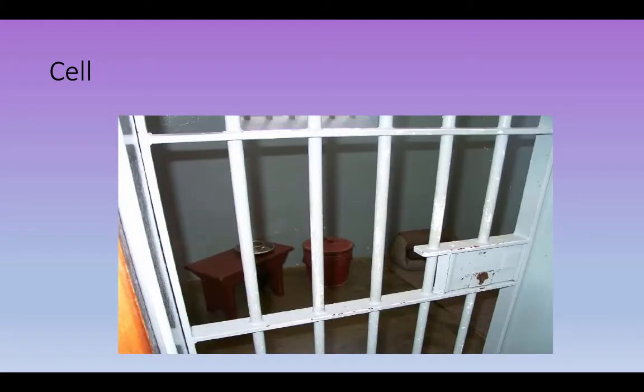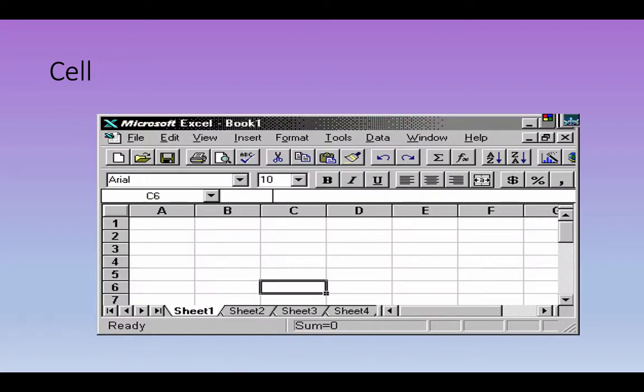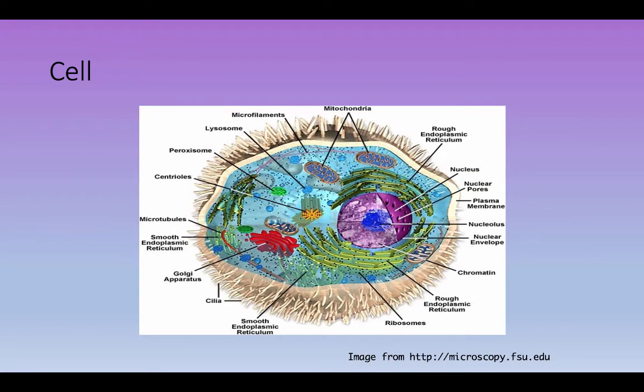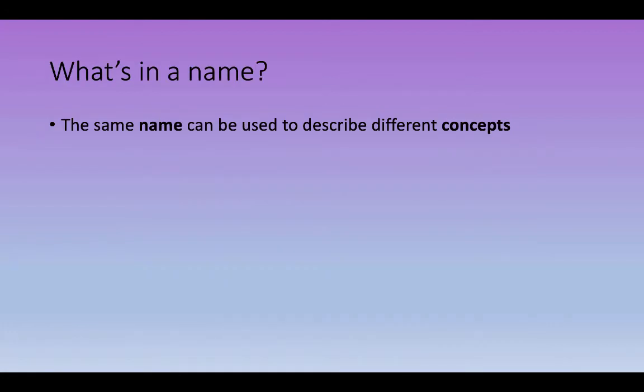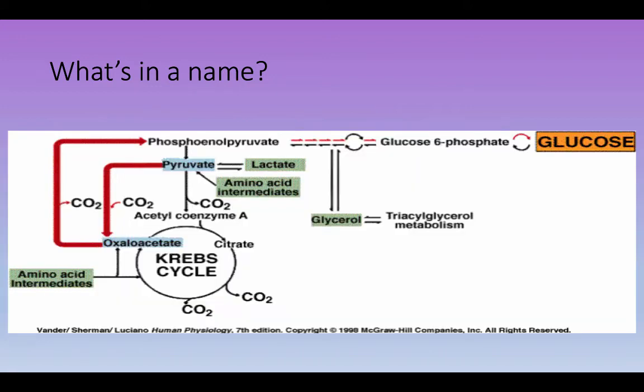This one is a cell, a prison cell. We've got a cell of an Excel spreadsheet, a really old Excel spreadsheet. And, of course, this is a cell, the classic biological context. So it's important that we realize that humans have done this time and time again, and the same name can often be used to describe different concepts.